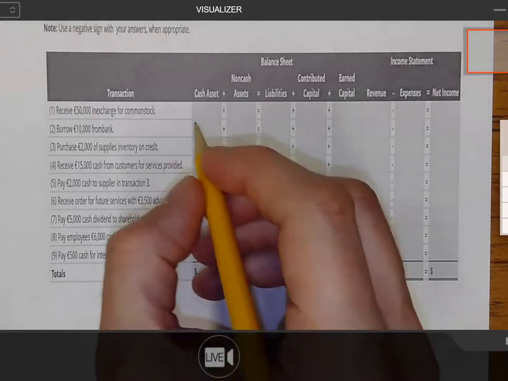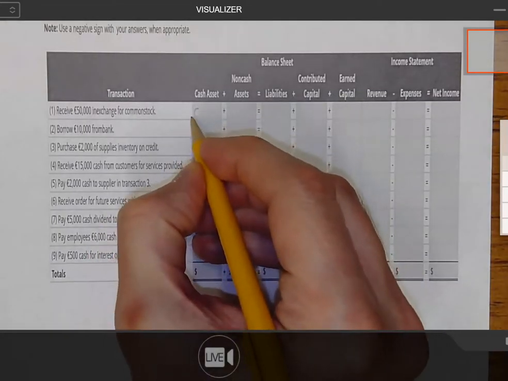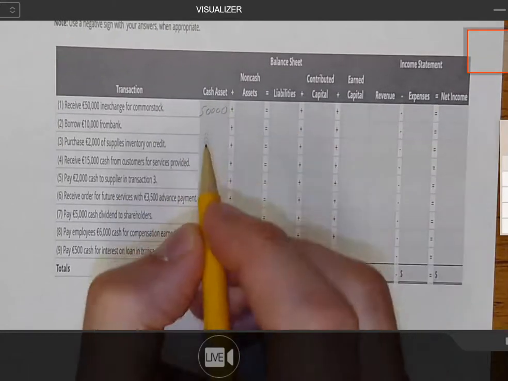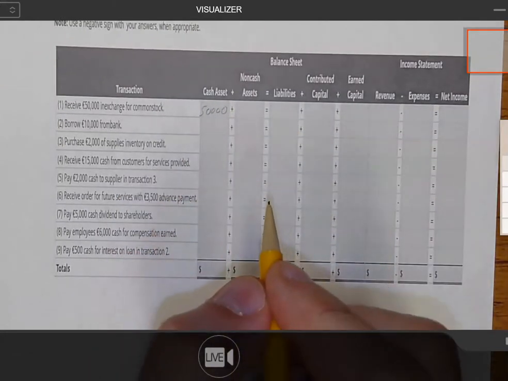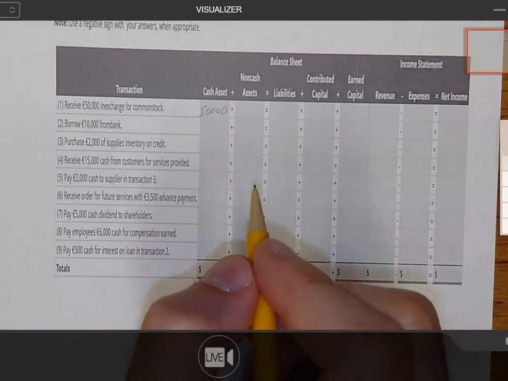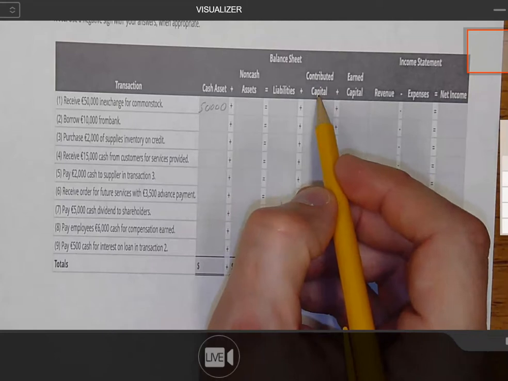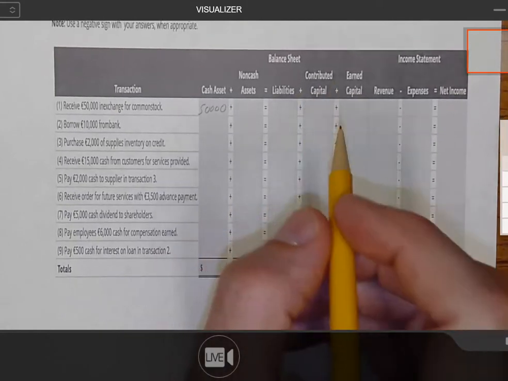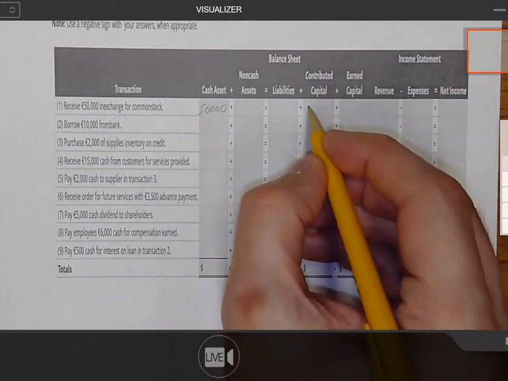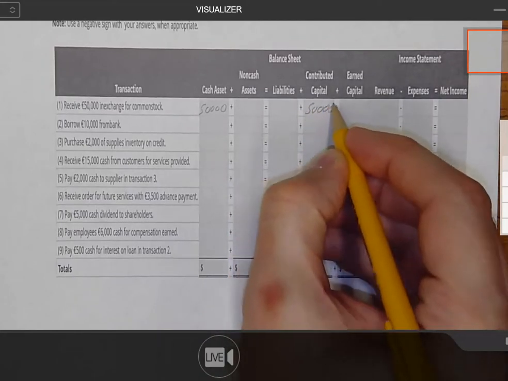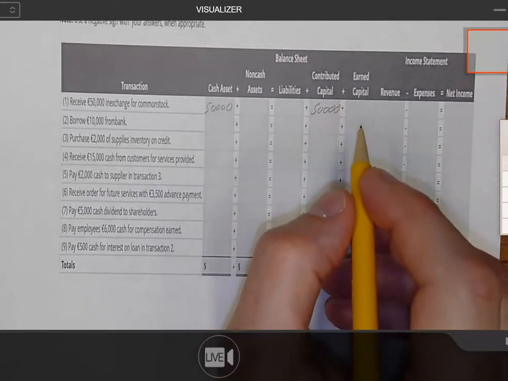So what we can do is deal with this cash asset here, and we're just going to plot that 50,000 right here. Okay, and then common stock is contributed capital, so we can plot that here as well.